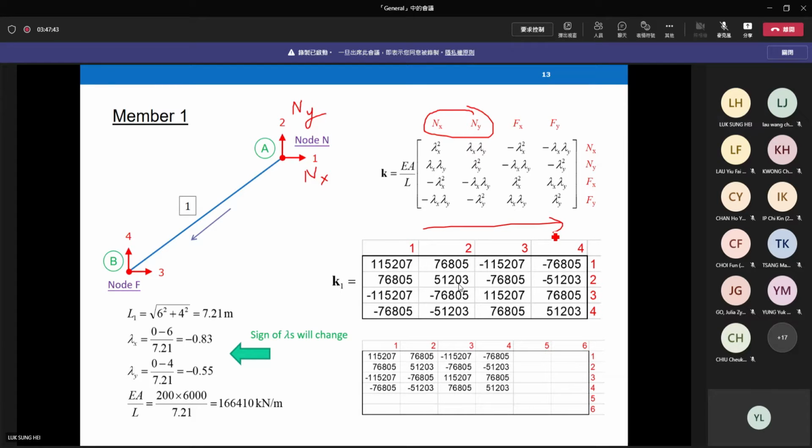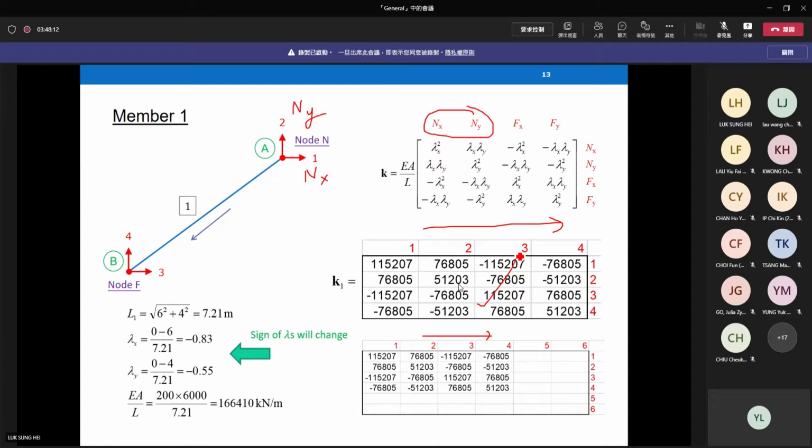Again, will it affect our calculations? The answer is no. Because when you want to add up K1, K2, K3, or the element matrices together, you have to sort the matrix to ascending order. Right? This sorting will cancel out these changes. So I can tell you that if you change the member orientation, it will not affect your answer.